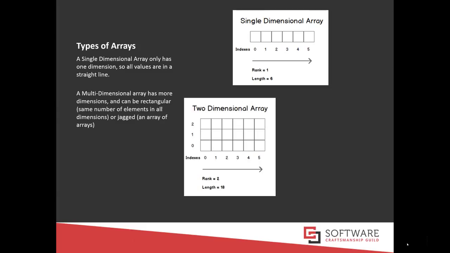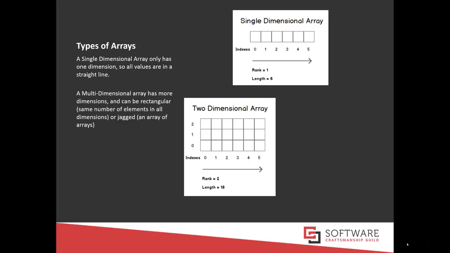First, let's look at a two-dimensional rectangular array. In this case, we still have 6 elements across one dimension, but we also have 3 elements across the second dimension. So we have a situation where we have rows and columns.